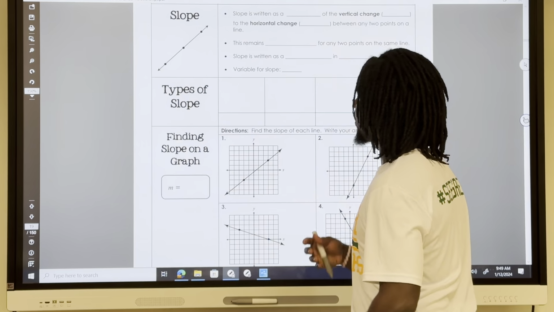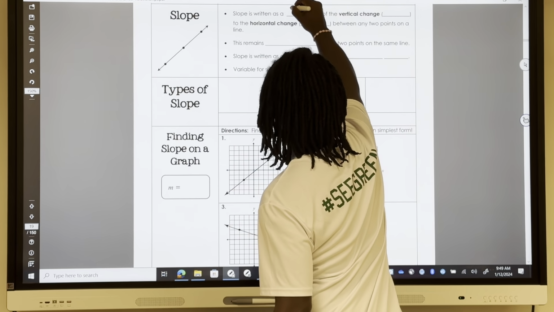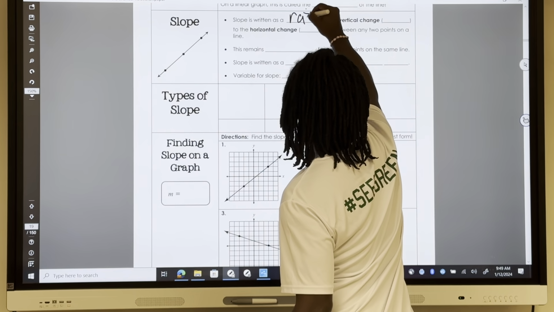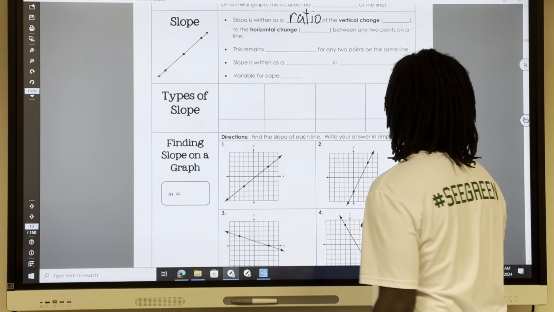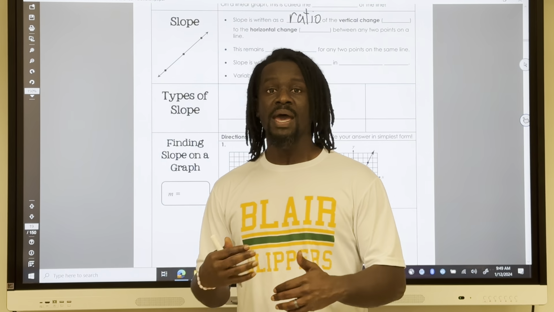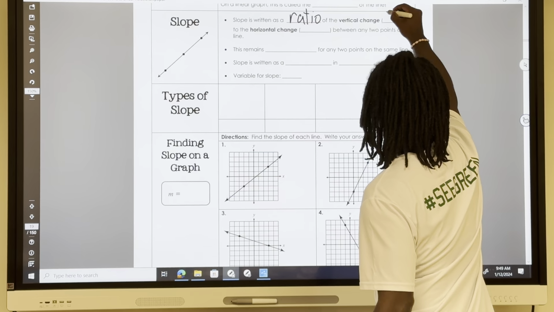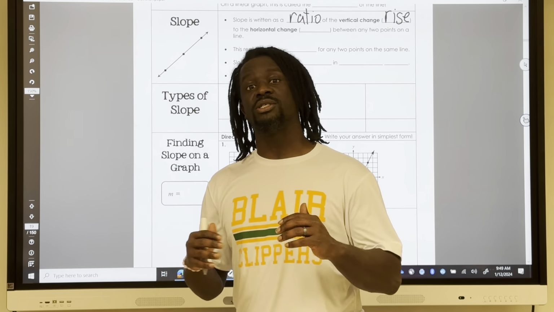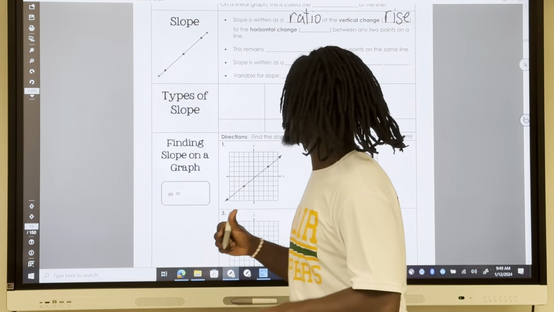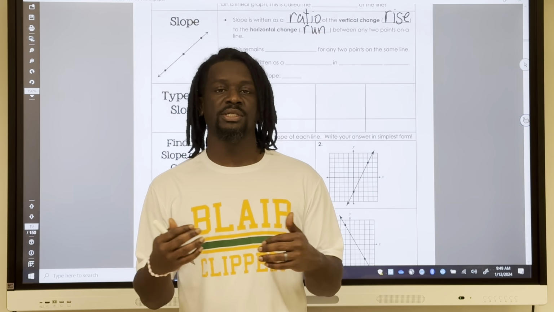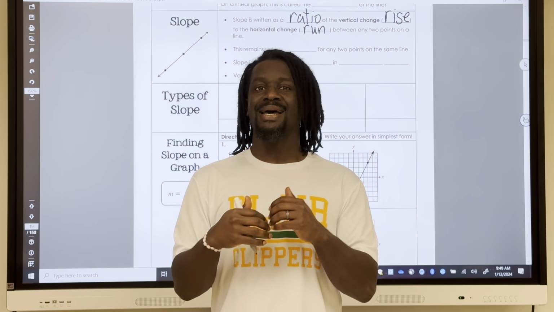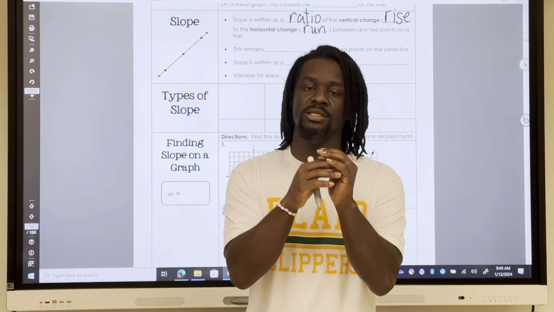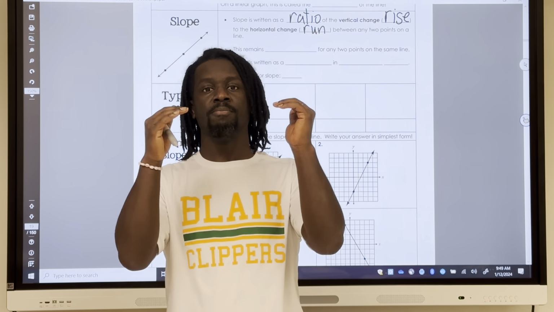Slope is a ratio, and in this ratio you have a vertical change, which we're going to call rise, and a horizontal change, which we're going to refer to as the run. Functions have a relationship between points, x's and y's, and they're changing.